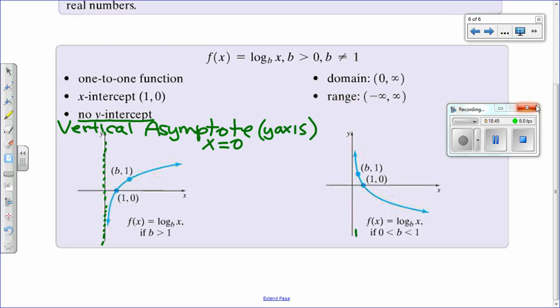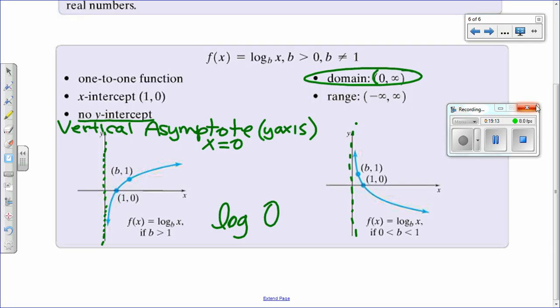This one right here also has the same vertical asymptote. Since it cannot touch the y-axis, the line x equals 0, that makes our domain from 0 to infinity, without including 0. That's why we have parentheses here. Those will be your x values. That was why we couldn't take the log of 0.